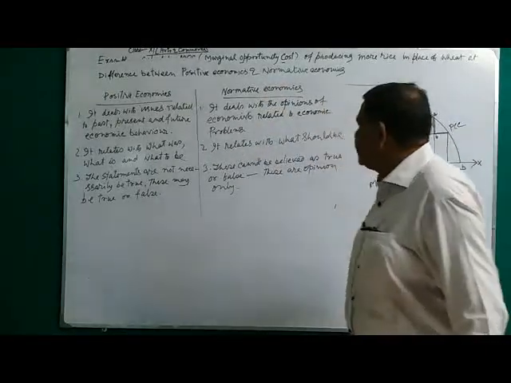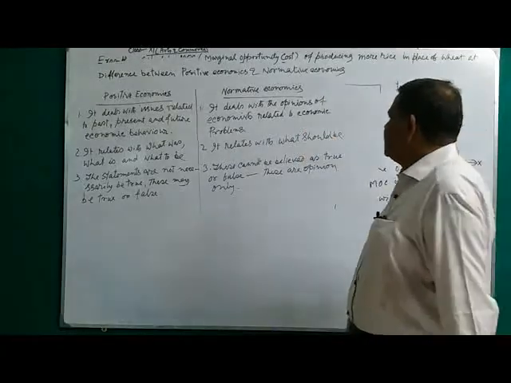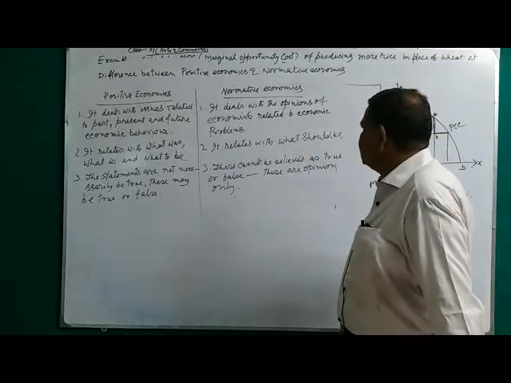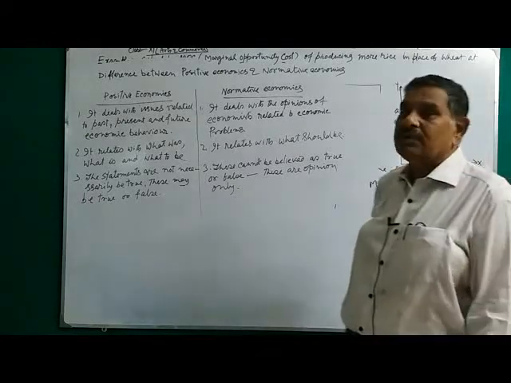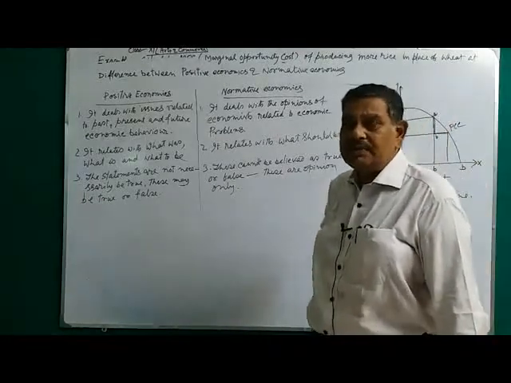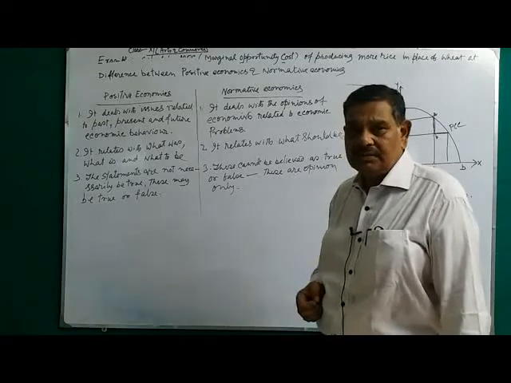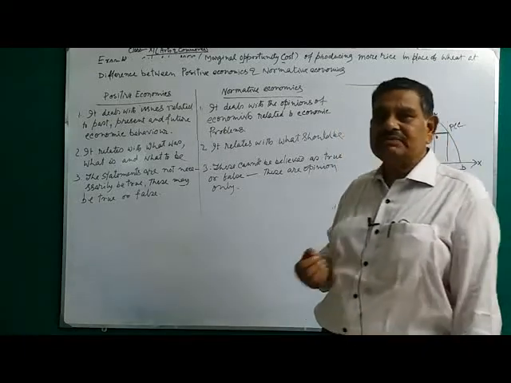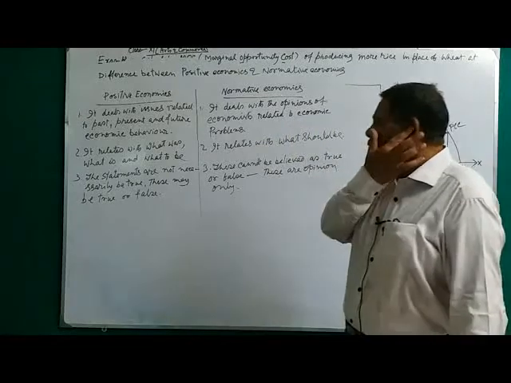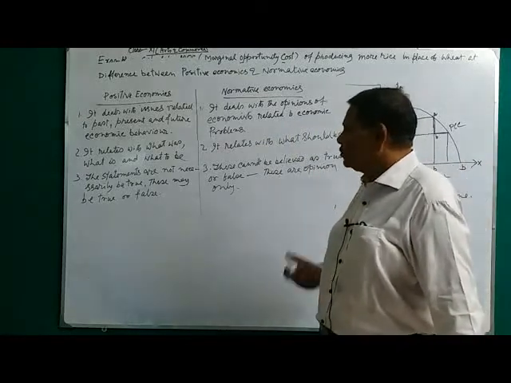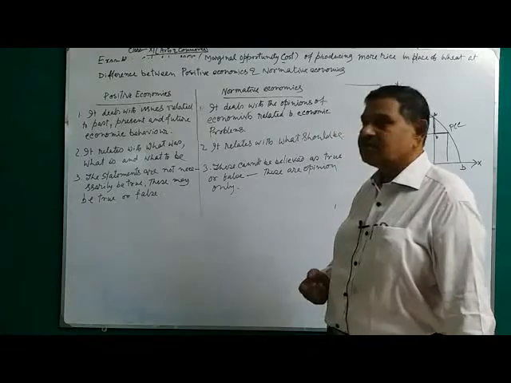But normative economics deals with the opinion of economists related with economic problems. Only the economic problems. What are the problems of the economy? It is the food crisis or something else. And number two, positive economics relates with what was, what is, and what to be.